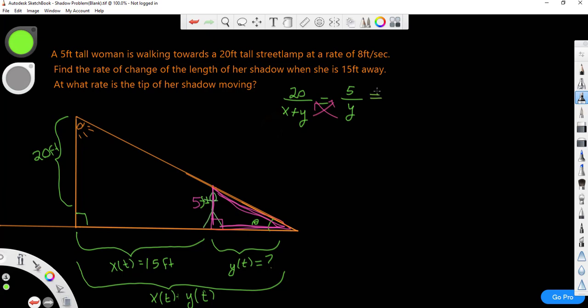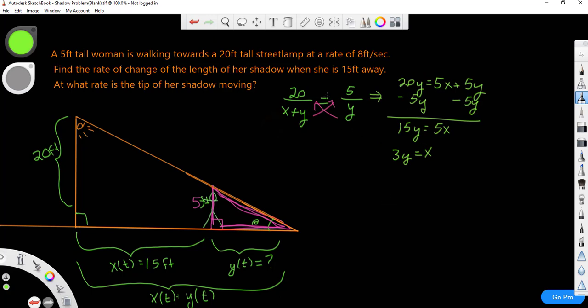If I cross multiply, I get 20y equals 5 times x plus y, which gives us 5x plus 5y. I'm going to subtract this 5y from both sides, so that gives me 15y equals 5x. Those both have a 5 in them, so I can cancel a 5 out of each, and I'll get 3y equals x.